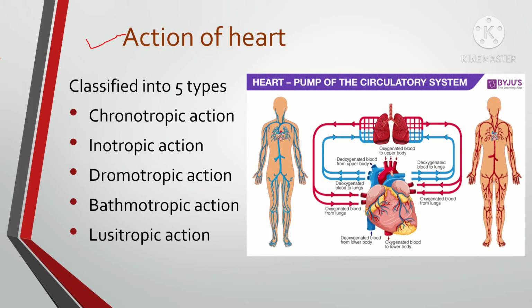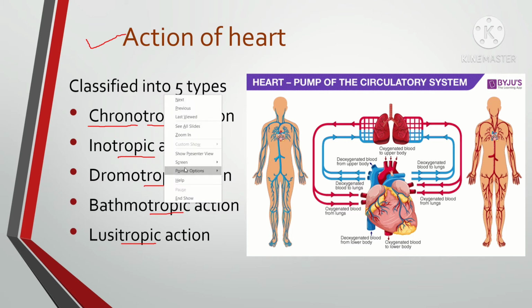The first type is chronotropic. I know the words are a little bit difficult to understand, but if you read it properly, then it will be very easy to understand. This tropic word is similar in all the 5 cases. As you can see, tropic is similar. So don't focus on this tropic part, let's focus on the prefix.